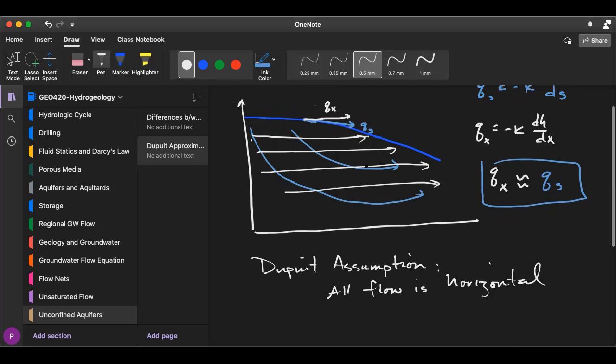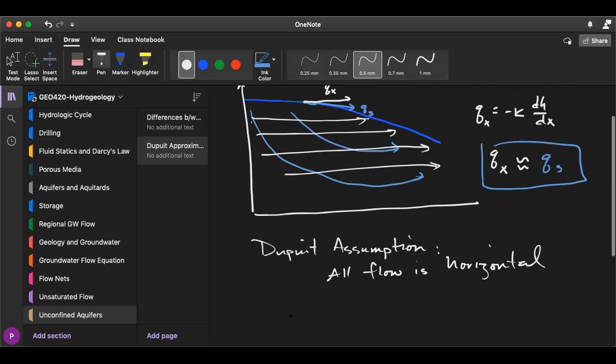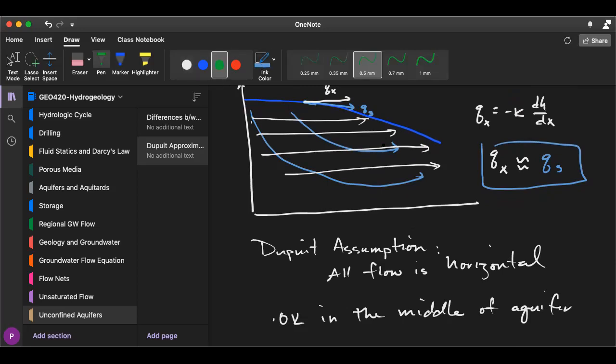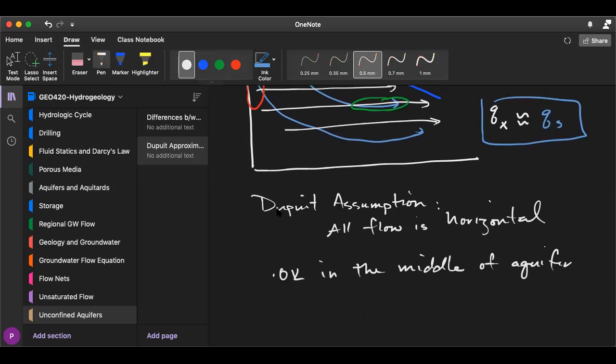And this is definitely okay in the middle of the aquifer, because we can see it right here. I've got horizontal flow, even in the real world, and the Dupuit assumption is doing really good. It's not very good over here. So it's not great on the edges of the aquifer.